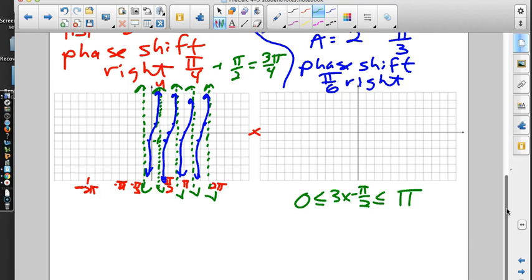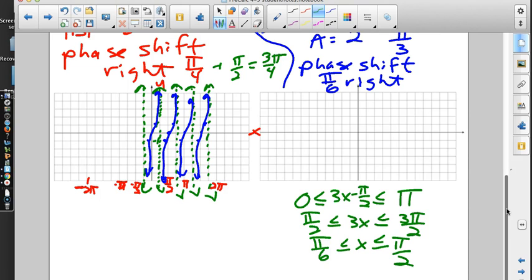And remember, this will give us our ending and our starting place. So we could add pi over 2 all over the place. And then divide everything by 3, which is the same thing as multiplying by 1/3. See that we're going to be going from pi over 6 to pi over 2.